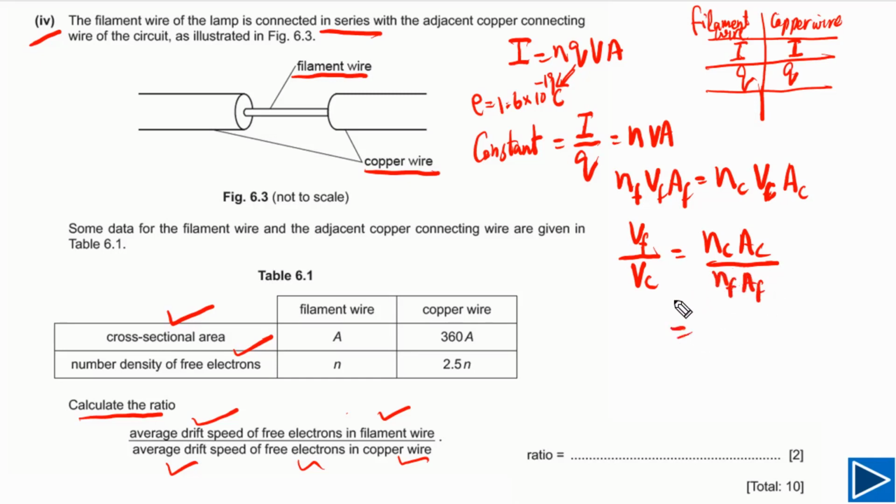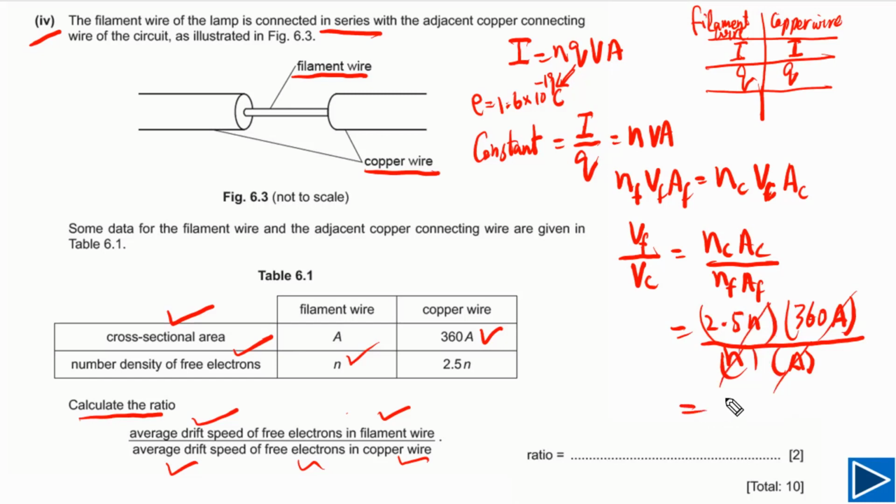The number density for the copper wire is given, that is 2.5 N, and the cross-sectional area of the copper wire is given, that is 360 times the cross-sectional area of the filament wire. The number density for the filament wire is simply N, and its cross-sectional area is A. Now we can cancel A with A and N with N.